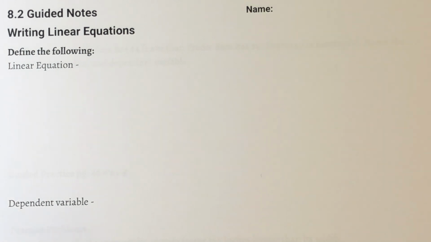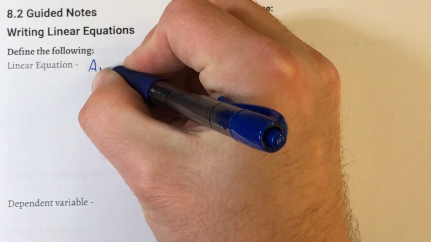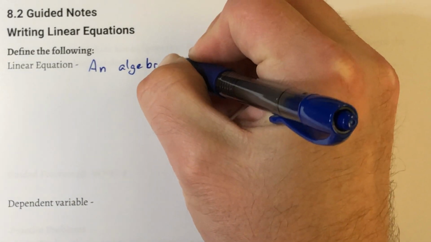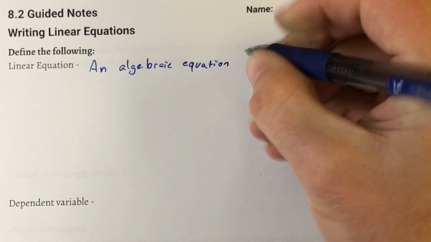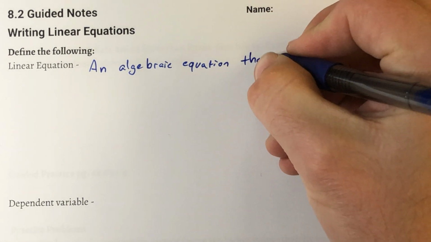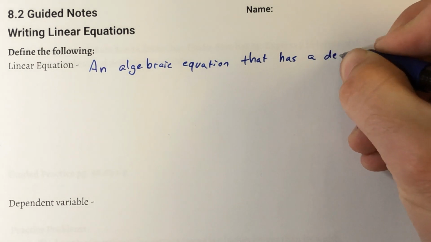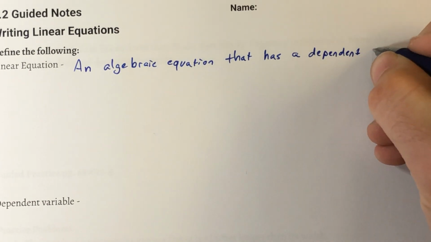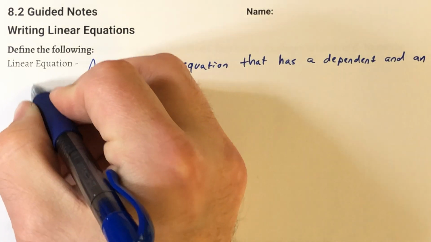So our first definition to go over is linear equation. This would be an algebraic equation that has a dependent and an independent variable.